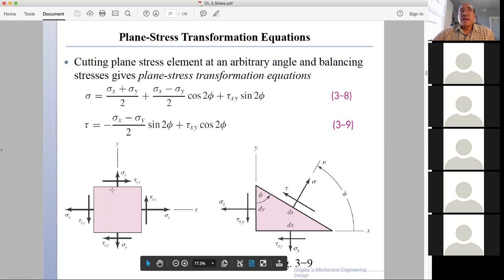And it is associated with sigma x. So whatever sigma x is, tau is counterclockwise. And whatever sigma y is, its associated tau is clockwise. So the coordinates are sigma x and tau counterclockwise, and sigma y and tau clockwise.